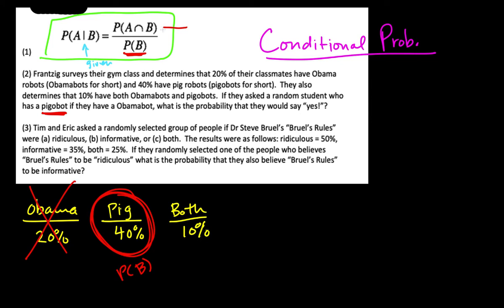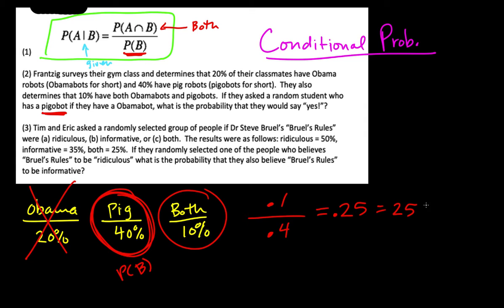And then the top of this is our both, so we'll be using this one as well. So we just take the both, divide it by the P of B. So we're going to say 0.1 if I change that into a decimal, and then 0.4. And if I divide those with a calculator, I'm going to get 0.25, or 25%.